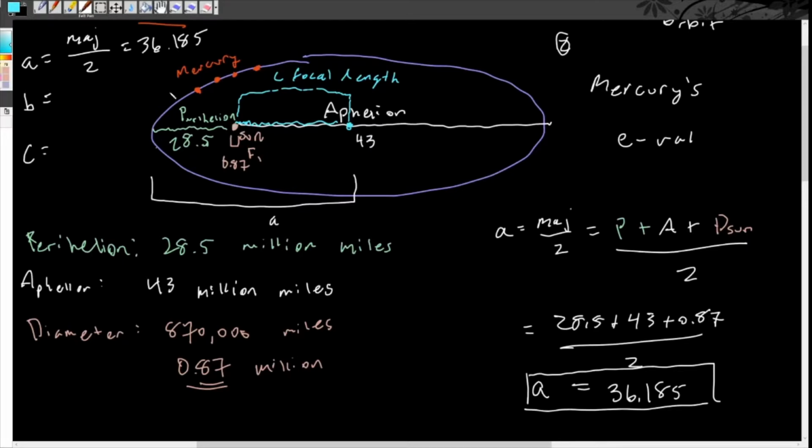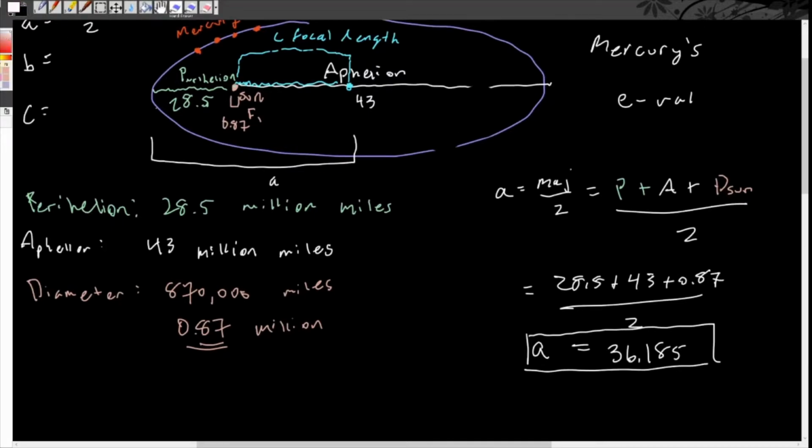Dylan mentioned, and I actually really like this, and I never thought of this myself. It's 36.185 units from here to here. So 36.185 plus C plus half of the sun equals 43. So that's another way you can arrive at that. But I'm going to go ahead and go with this.